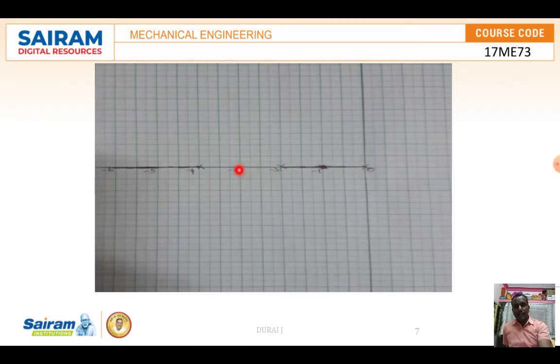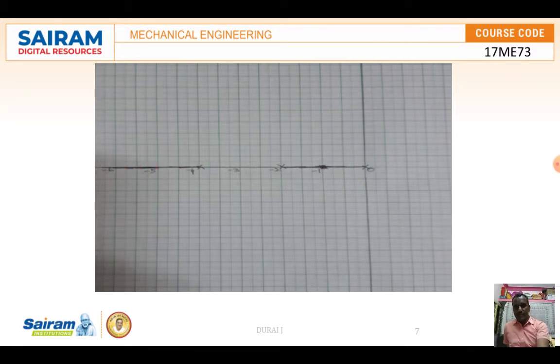Minus 2 to minus 4 has two poles, an even number, so it is not part of the root locus. Minus 4 to infinity has 3 poles, so this will be part of the root locus.